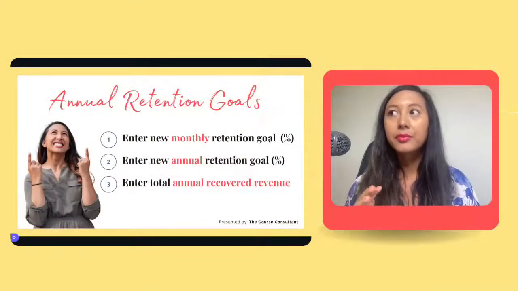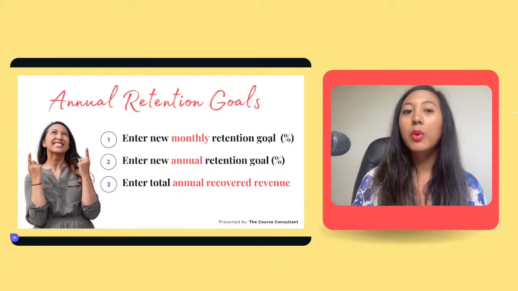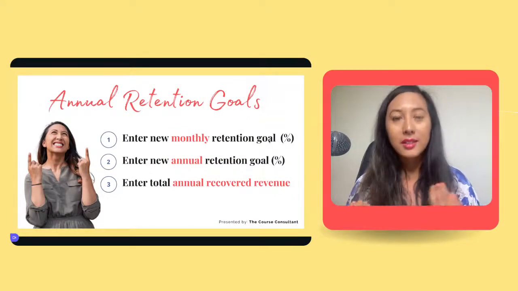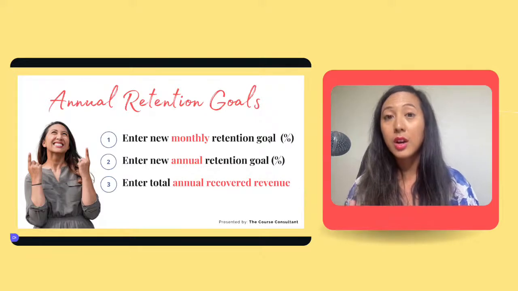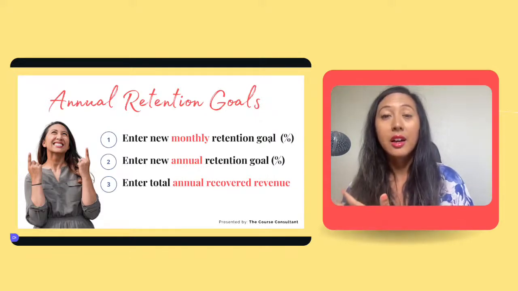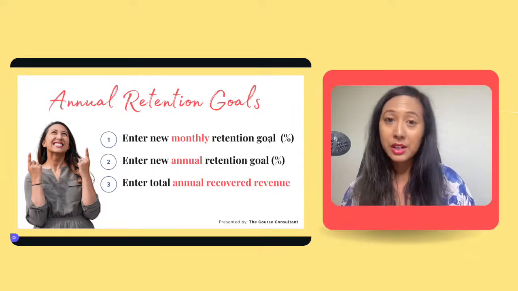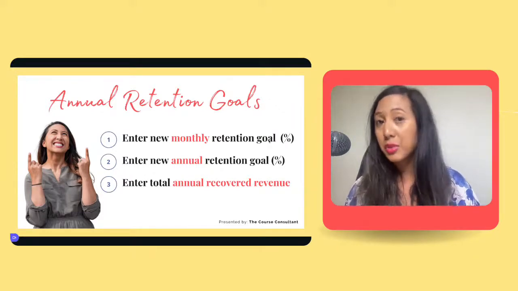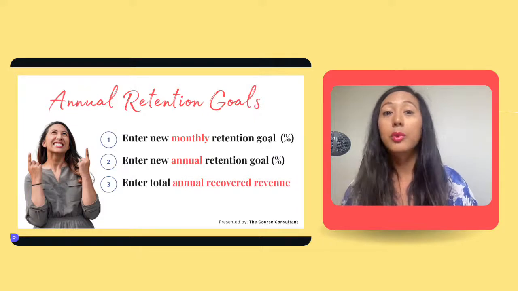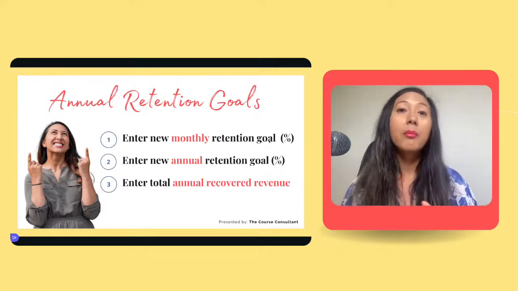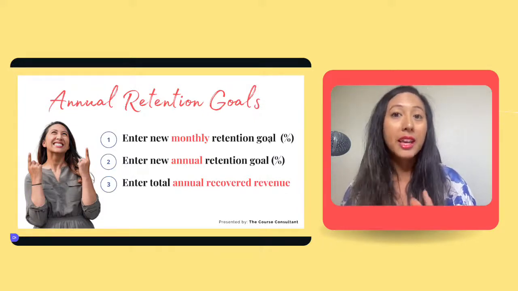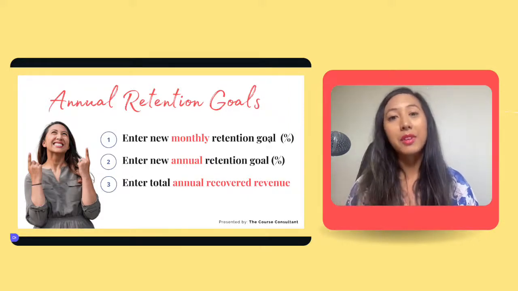Okay, so what's very important is we want to create a goal. What is the retention goal around our new retention idea? Let's say that we had a churn rate of 3% and our goal was to bring it down to 2% or 2.5%. So our monthly retention goal would be calculated based off of what was realistic for us and our previous performance.